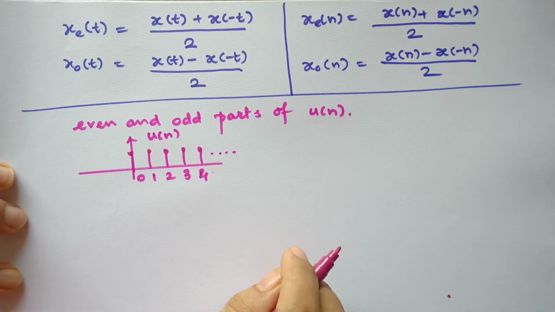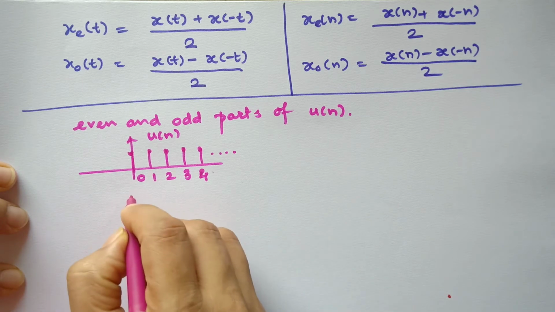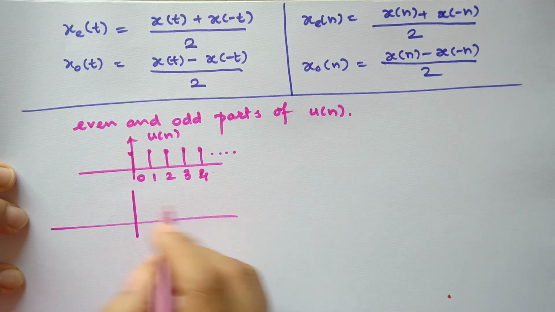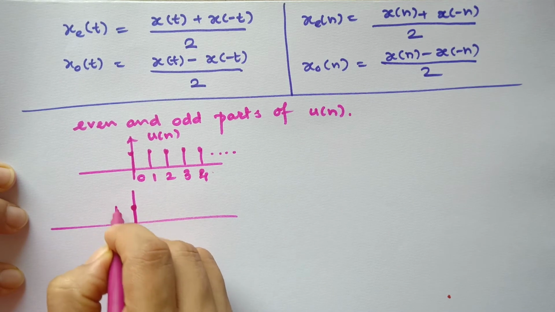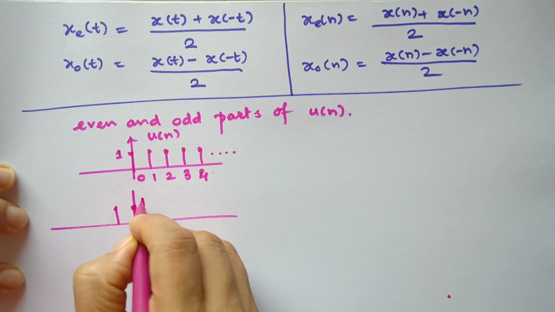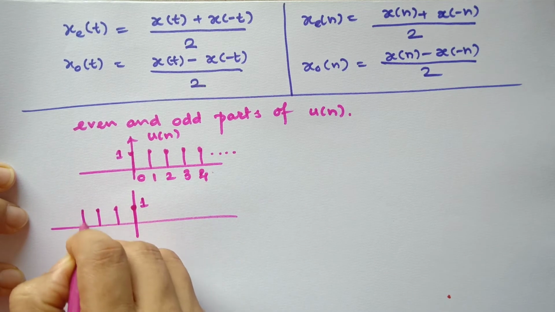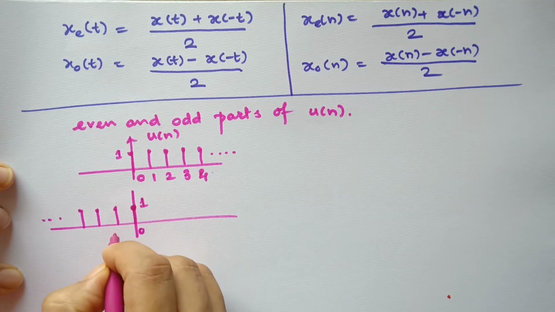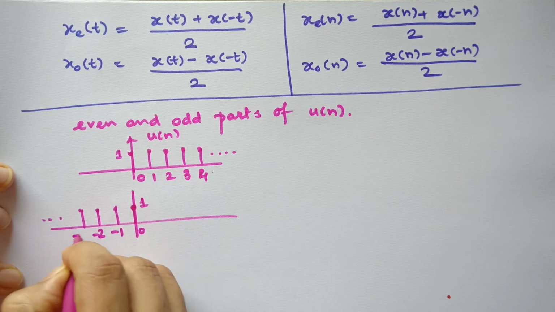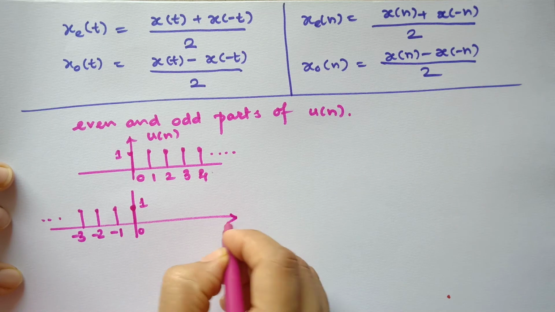Finding the even and odd parts will require u of minus n. So u of minus n, we'll draw it here. This sample will remain in this place only. Its amplitude is 1 and so on, and we'll write the time axis -1, -2, -3 and so on.